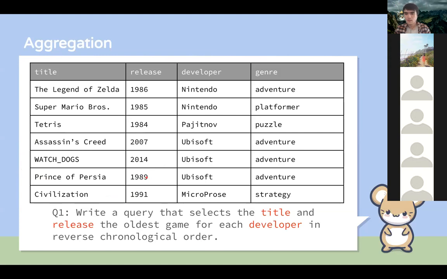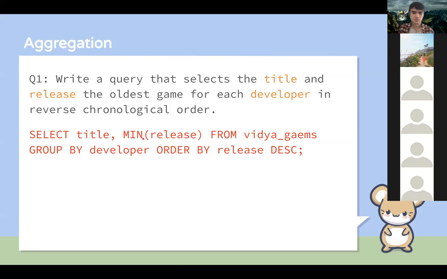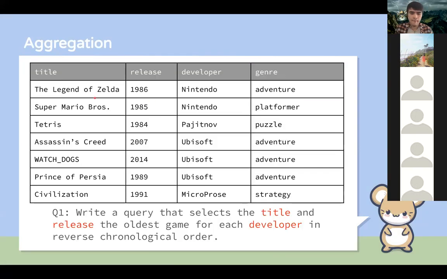So whenever you use aggregation, typically you will also have to use a group by, okay? And once you've grouped all your titles together, then whichever aggregator function you've used, in our case, it's minimum, you will apply that aggregator function on each of the groups, okay? That could be kind of confusing, so let me summarize.